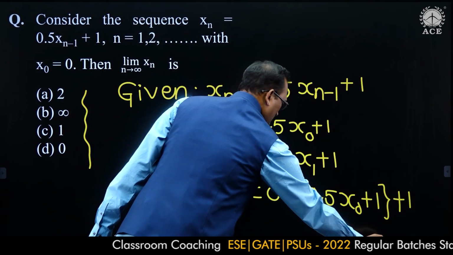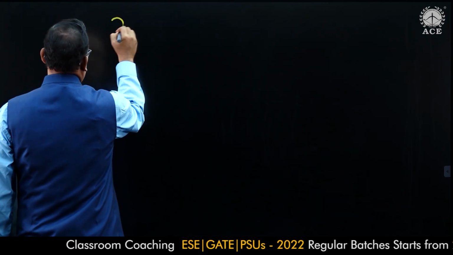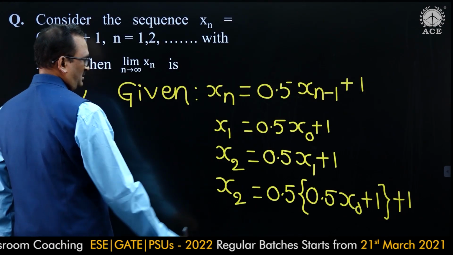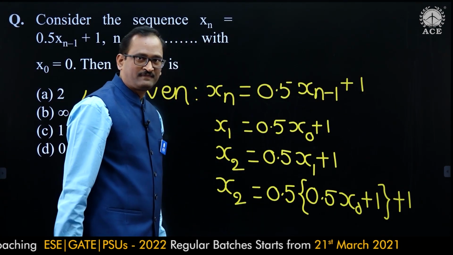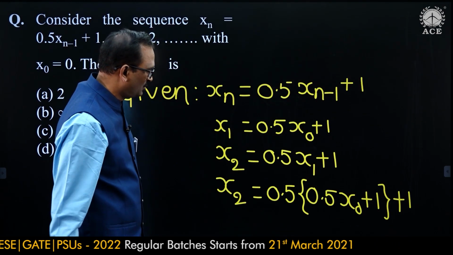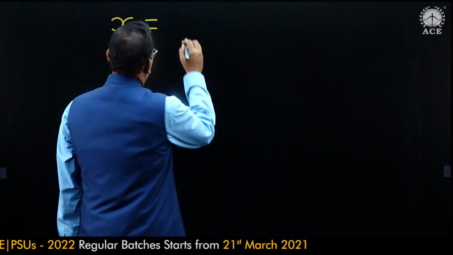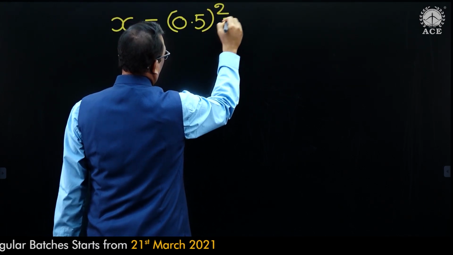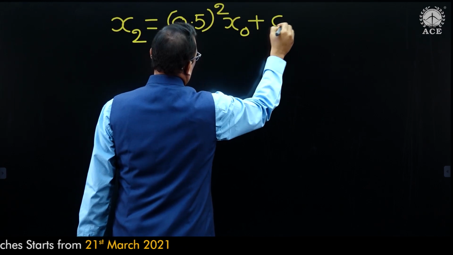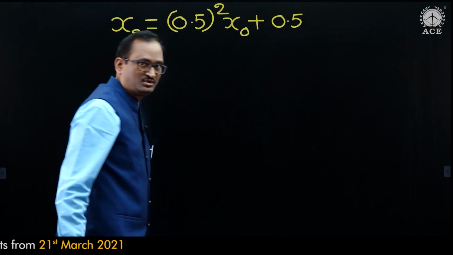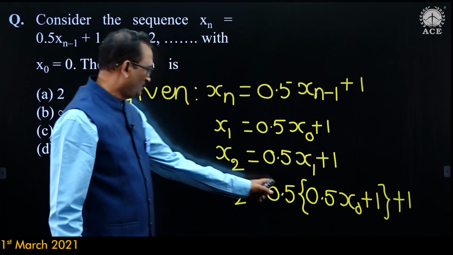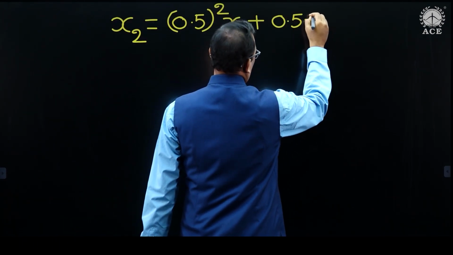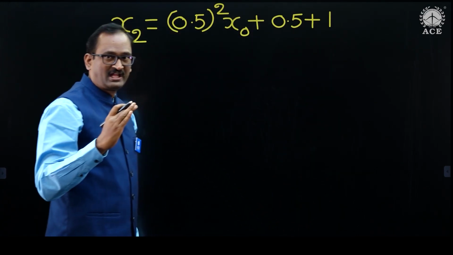Now x2 is equal to 0.5 into 0.5, that is 0.5 whole square into x0, plus 0.5 into 1, 0.5 plus 1. This is the value of x2.